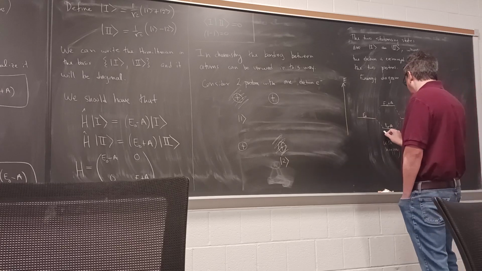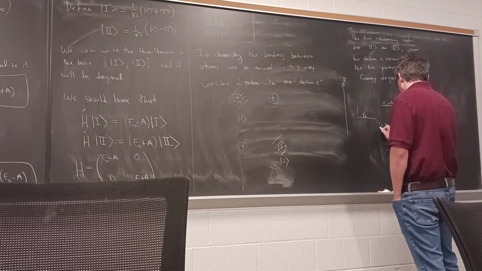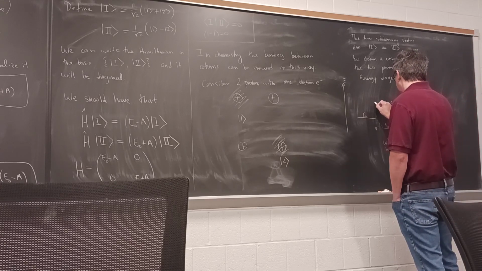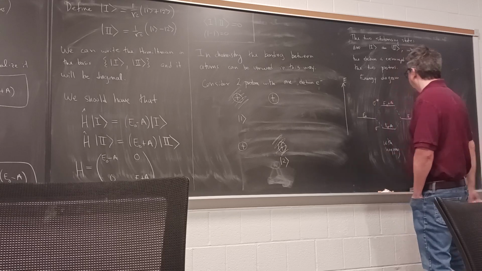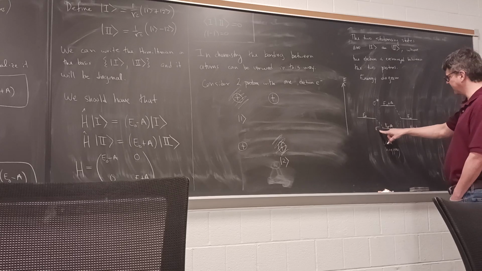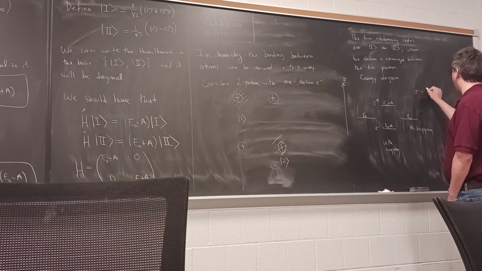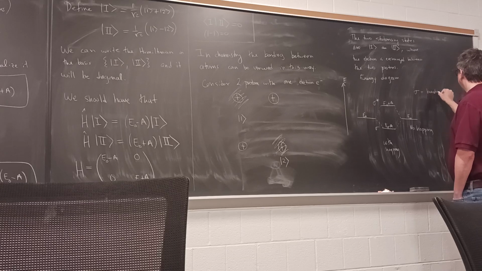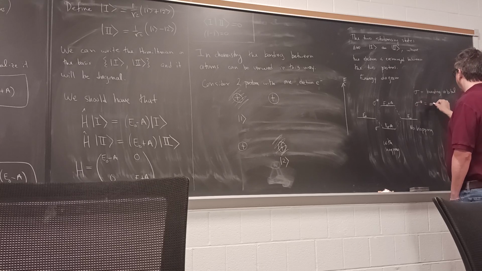So this is the sigma bond, and this is the sigma star bond. The stationary state with low energy, sigma, is the bonding orbital, and sigma star is the anti-bonding orbital.